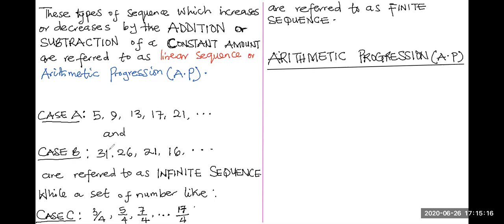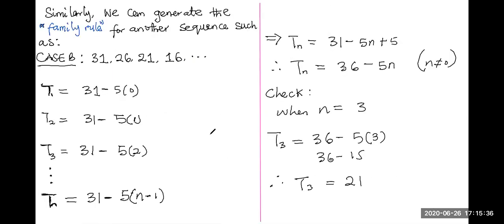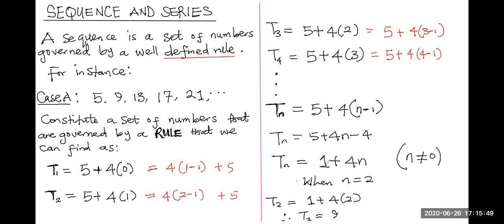All right, 26 minus 31 is minus 5. And this minus 5 also appears, it's common between 21 minus 26 to give us minus 5. And it's also common between 16 minus 21 to give us minus 5. All right, but rather than having different formulae for different sets of family, as we have in case B, we have a family formula here, and also in case A, we have a family formula here.